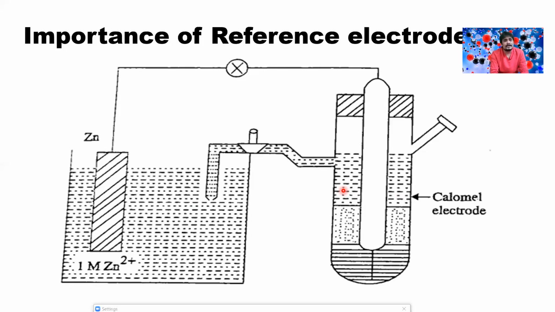What is the reason? Because primary reference electrodes are usually gas electrodes, and it is not easy to handle the gases.